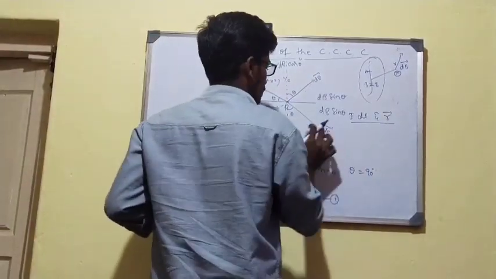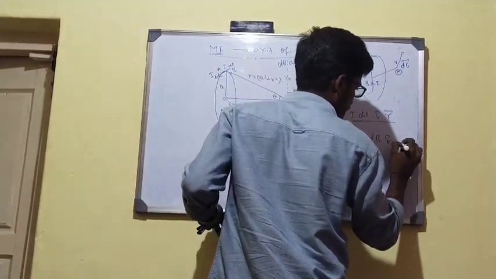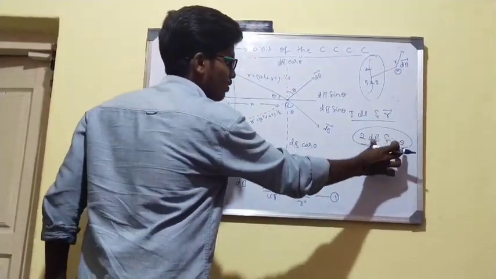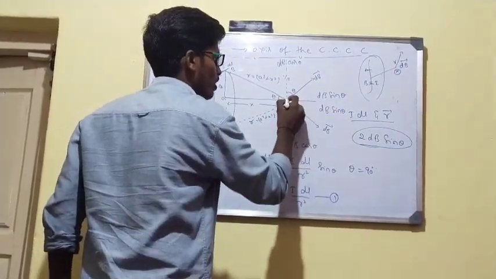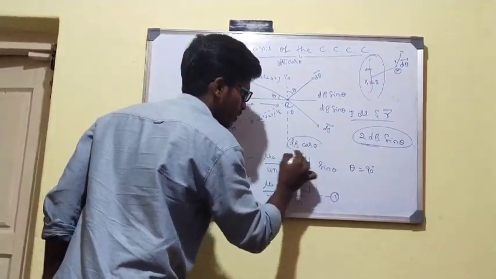So by adding these 4, I will get 2 dB sin theta. This is the resultant magnetic field at point P because of these 2 current elements. Then where is sin theta gone?